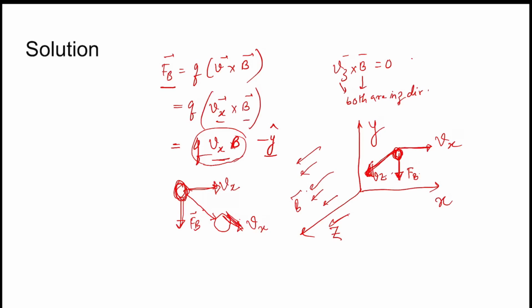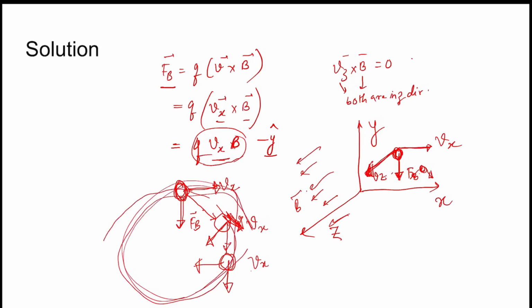Again, since the velocity is like this, it is not now in the x direction, but this crossed with the magnetic field will again result in a force like this. Again the particle may come here and its velocity is now like this. Then again the force will be this.